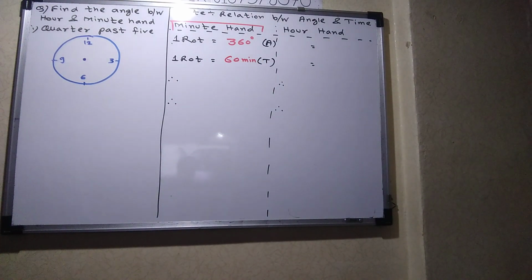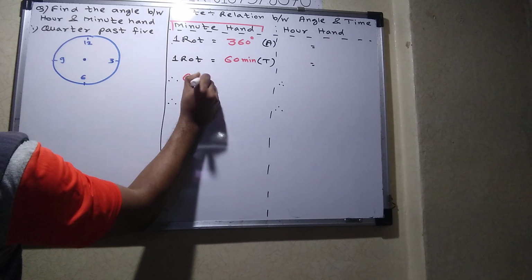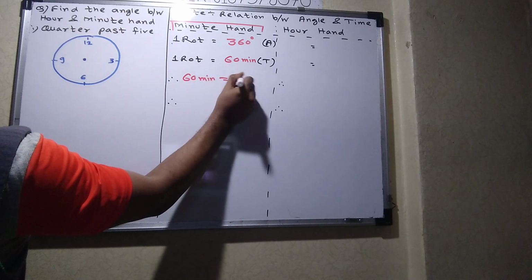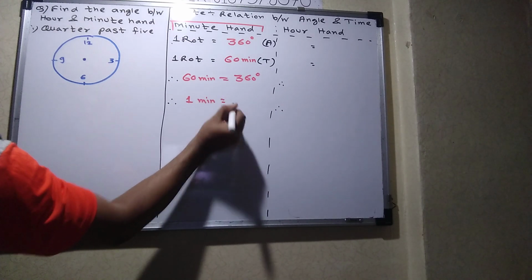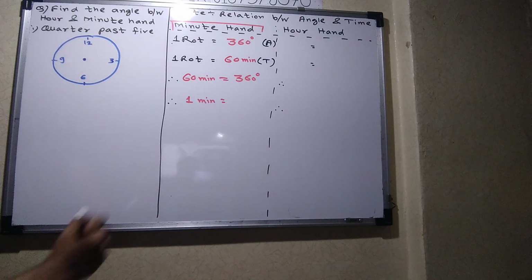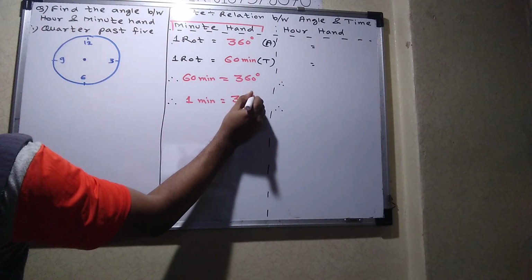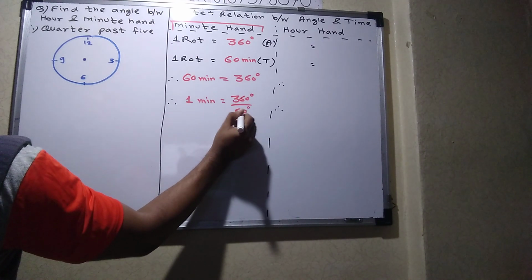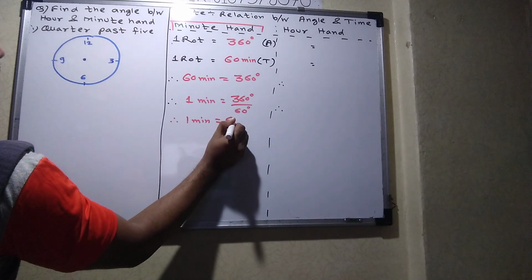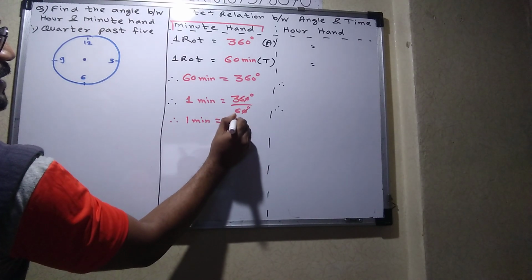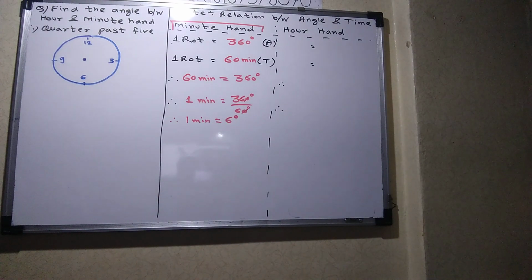So for the minute hand, 60 minutes represent 360 degrees. So what does 1 minute represent? 360 degrees divided by 60, which is 6 degrees. Yes, 1 minute represents 6 degrees. Understood?